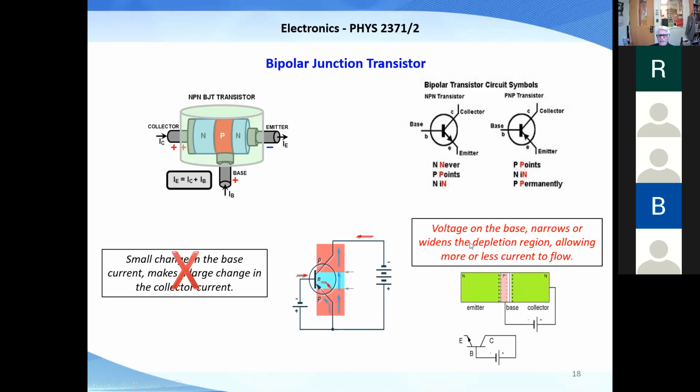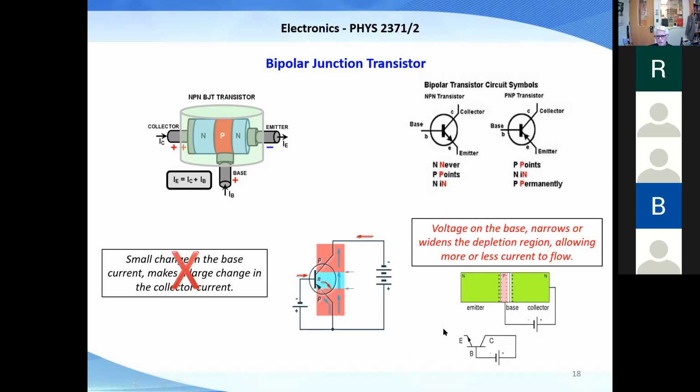So I like to think of this thing in terms of the mechanism: you're narrowing or widening the depletion region to get current to flow here. So a little bit of change on the base can create a large change in basically the resistance across this device.